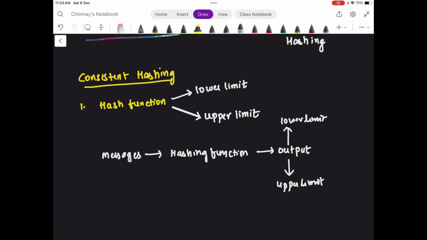It does not cross the lower limit and it does not cross the upper limit. The output value always lies between the lower limit and the upper limit. That is the kind of hash function the consistent hashing technique should have.